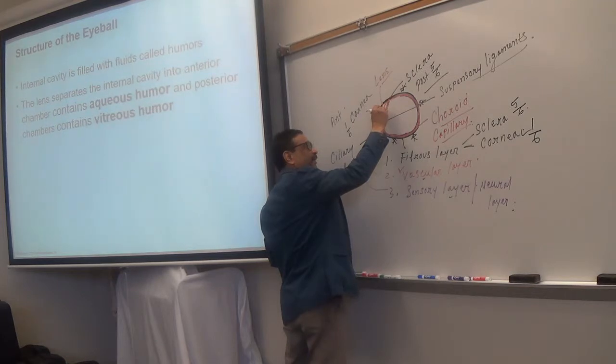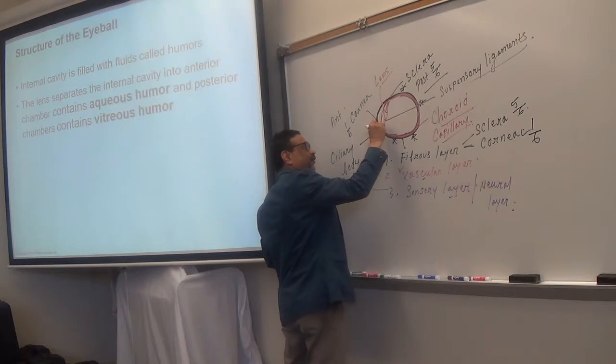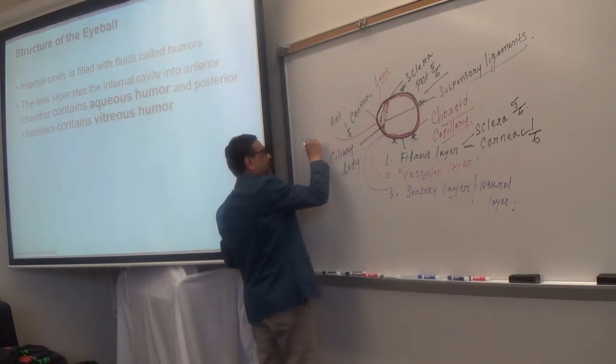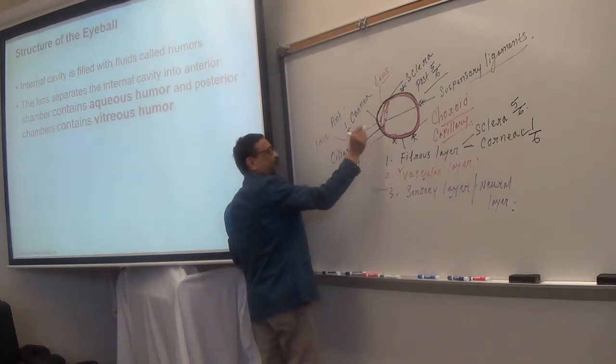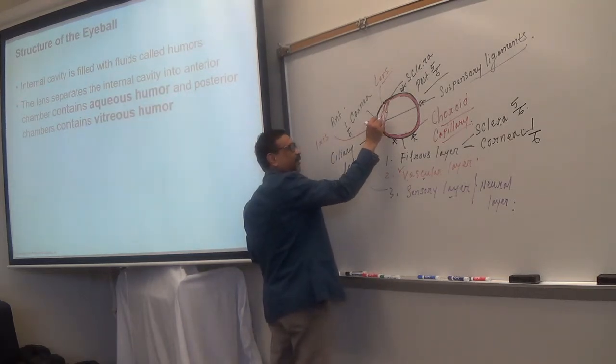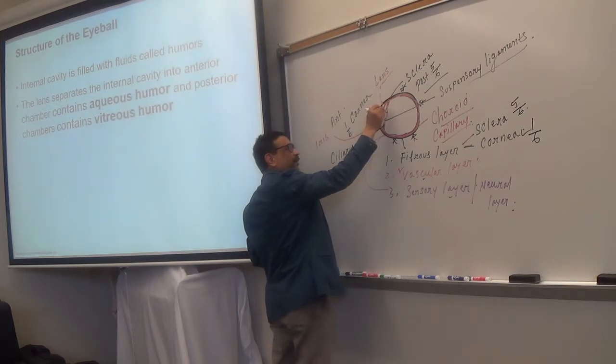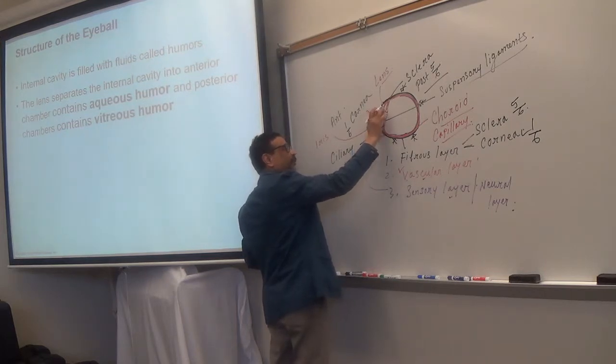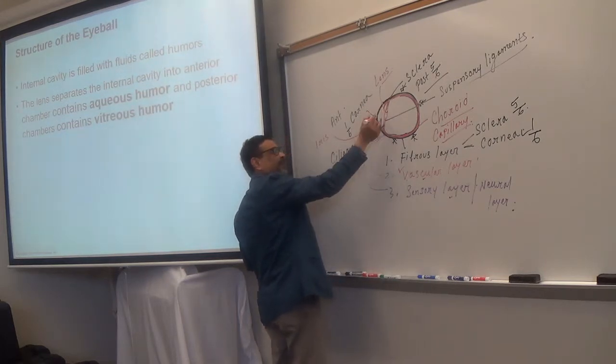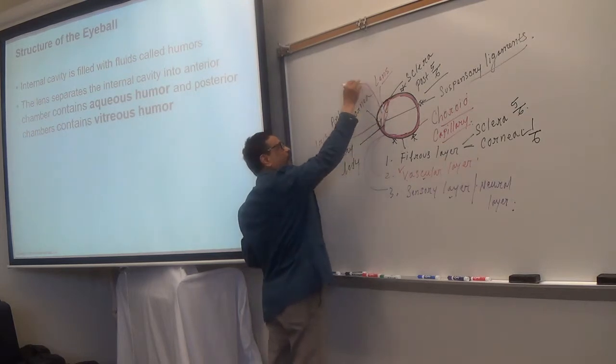You see, this one comes like this, and forms the iris. So this part of vascular layer is the iris. Now in the center of the iris, there is a hole like this, aperture, and this is called the pupil. So this is basically a hole called what?